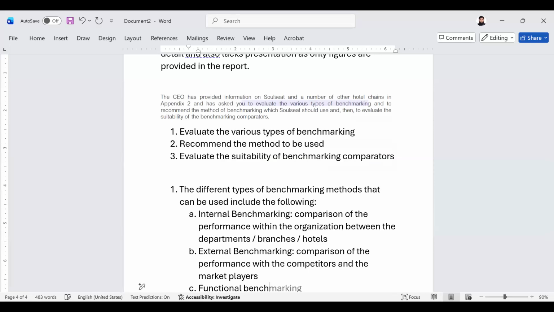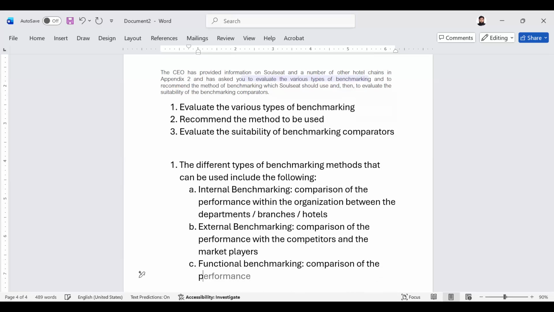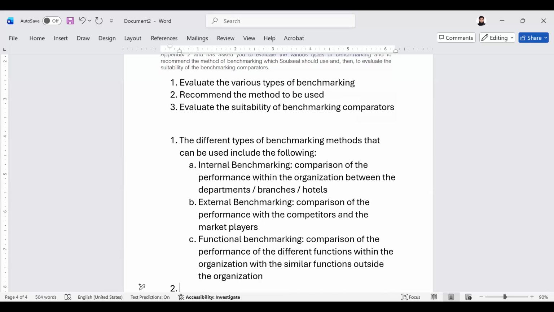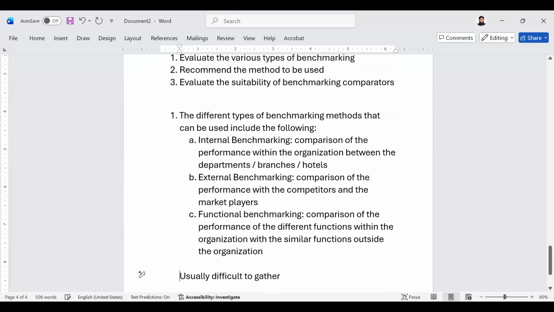Functional benchmarking, comparison of the performance of the different functions within the organization with the similar functions outside the organization. Usually difficult to gather functional information.